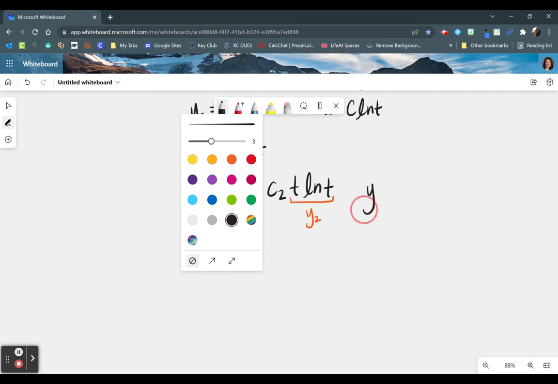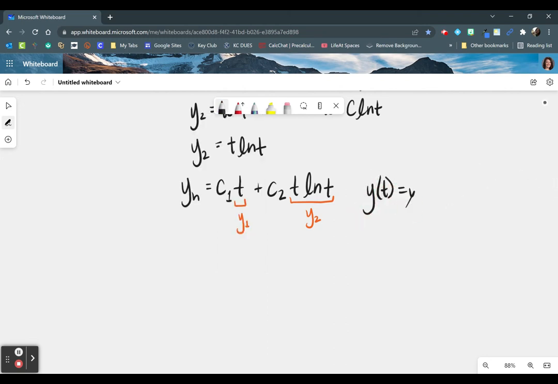We need our full y of t, which is y sub h plus y sub p. So we have found y sub h, and now we need y sub p. Well, y sub p, according to what we learned in 3.9, is equal to v1 y1 plus v2 y2.